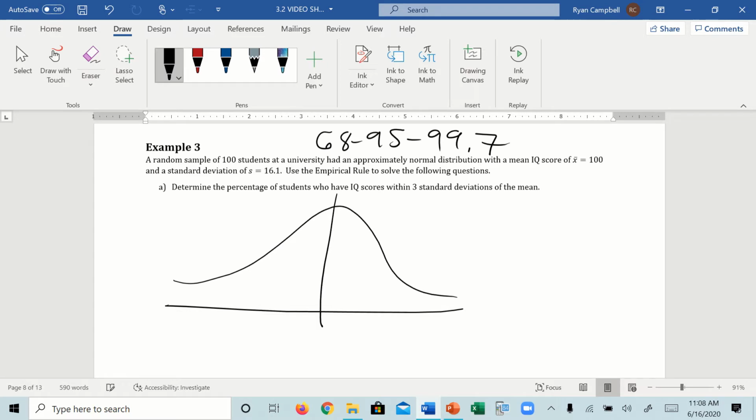So the mean is 100. If we want 3 standard deviations away, we have to add 3 standard deviations. To get the top number, we need 100 plus 1 standard deviation, 2 standard deviations, 3 standard deviations. When you add those up, you get 148.3.